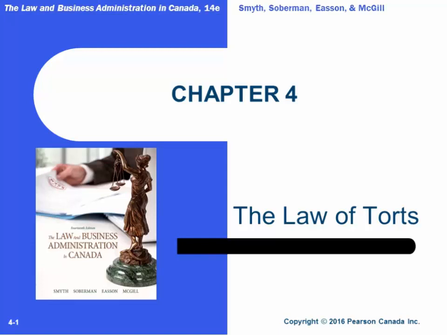What we will be looking at in Chapter 4 is different kinds of torts, including the tort of negligence. But as an intro, look on page 388 under the heading Liability and Contract.